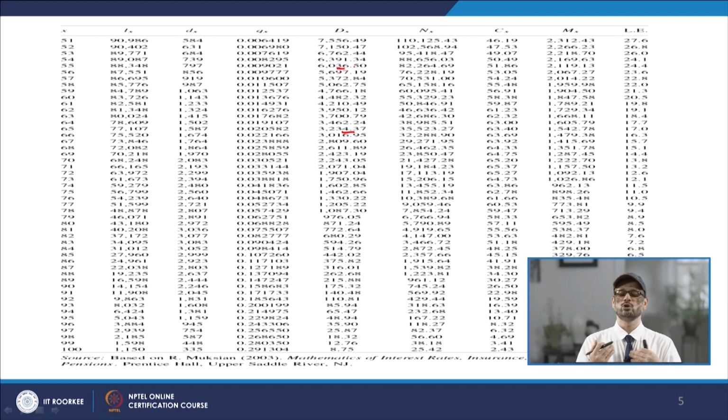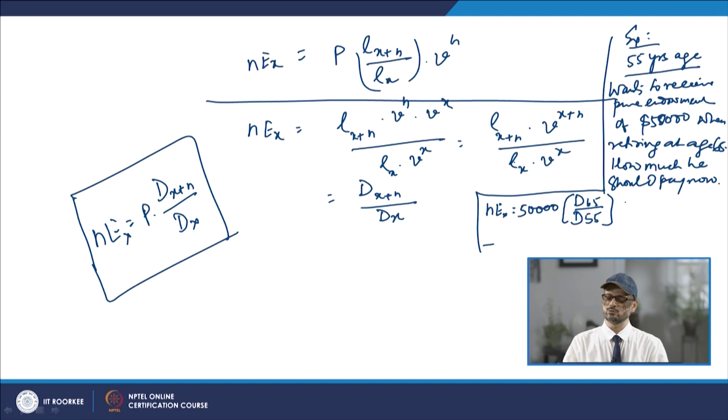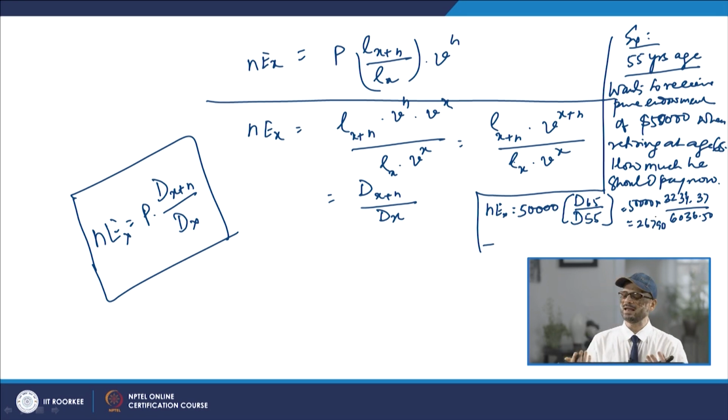So, if you take 50,000 into 3234.37 divided by 6036.50, that will give you this value. It is coming out as 26,790. So, like that you can calculate these values.